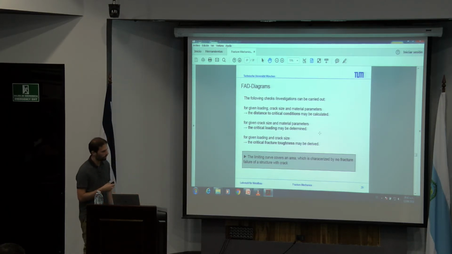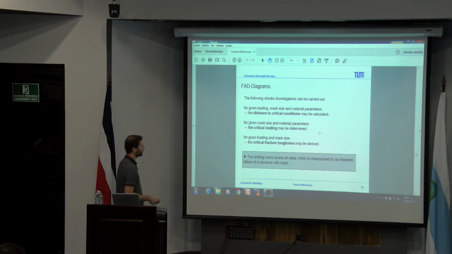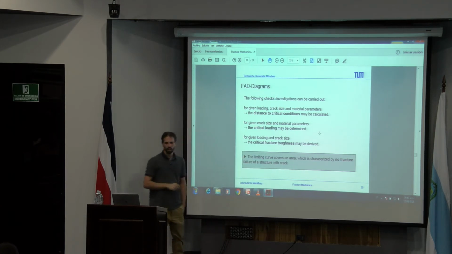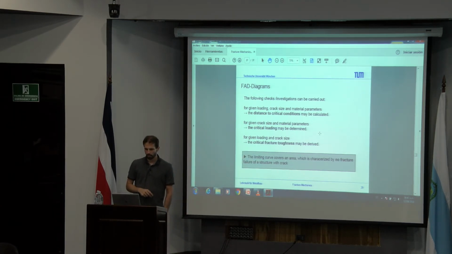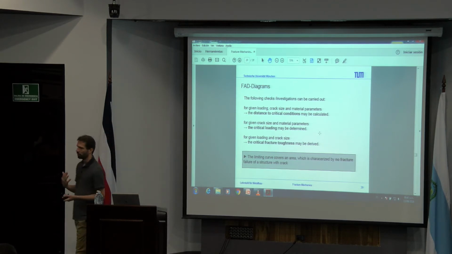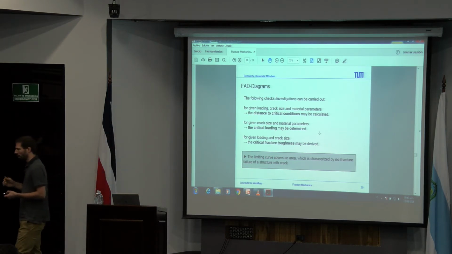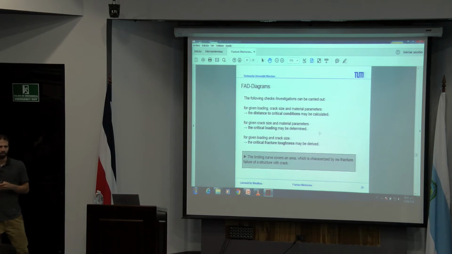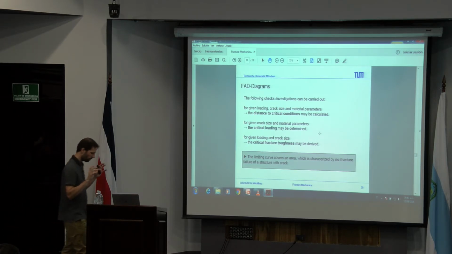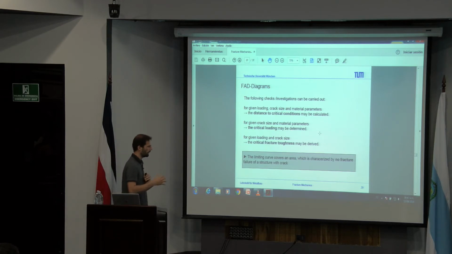The next stage or next information: we get the information about the critical loading and also about the critical fracture toughness. So at the end, for example, just due to the information about the stress state, we know about the yielding point.